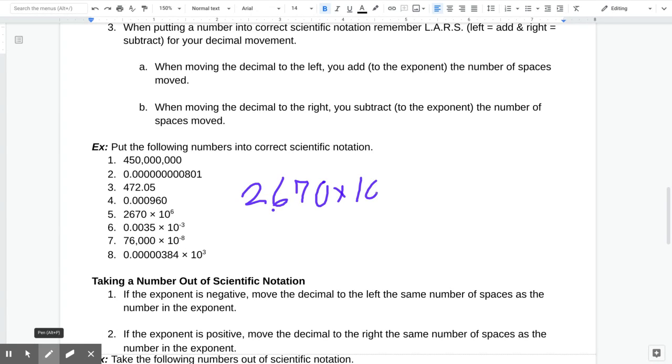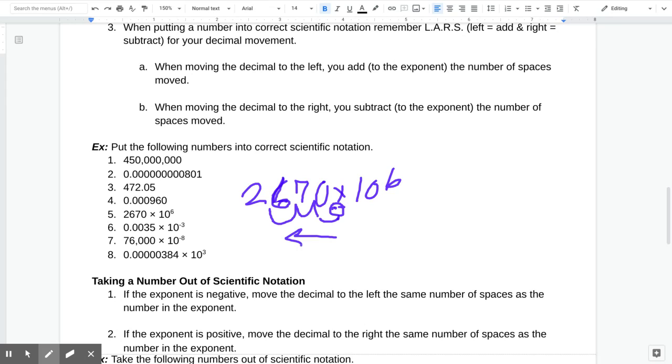So we've got here number 5, 2,670 times 10 to the 6th. This one's a little easier. That's where we're going to put a decimal. Again, because 2,670 is a whole number, the decimal's all the way out here. So I'm going to take this decimal and go 1, 2, 3.